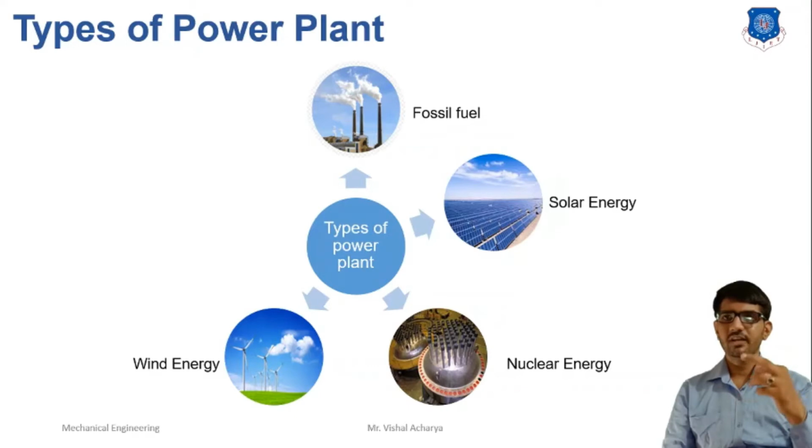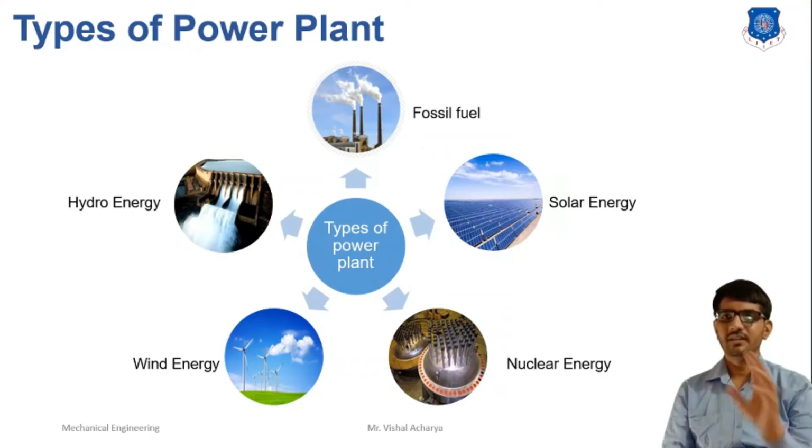The turbine rotates, and the turbine shaft is connected to the electrical generator, which produces electricity. So wind force is converted into electrical energy with the help of a windmill, horizontal axis or vertical axis.